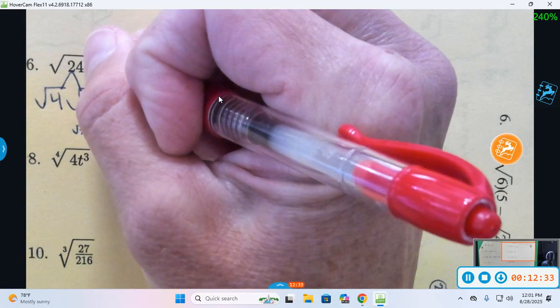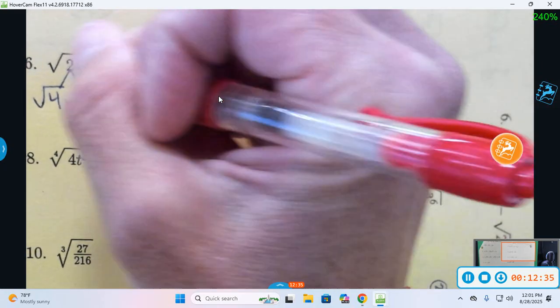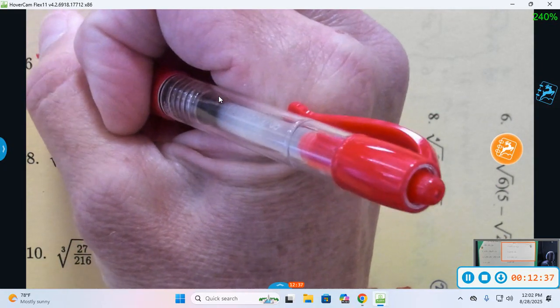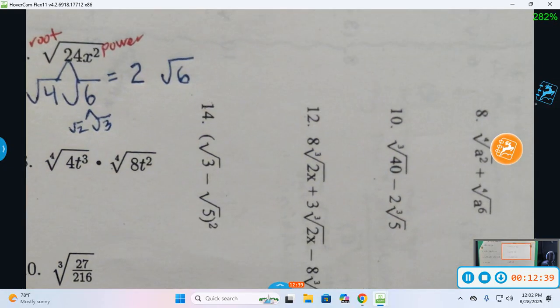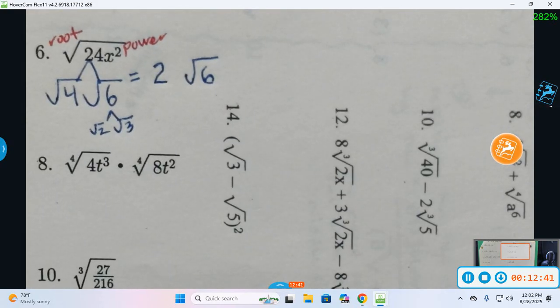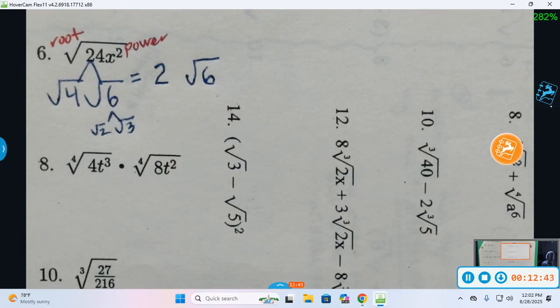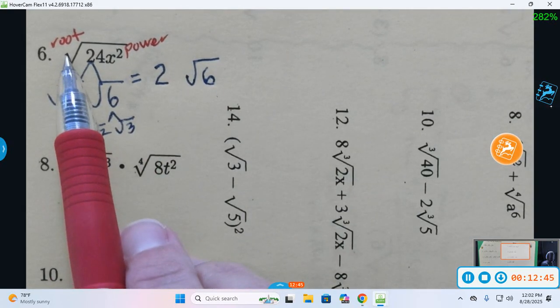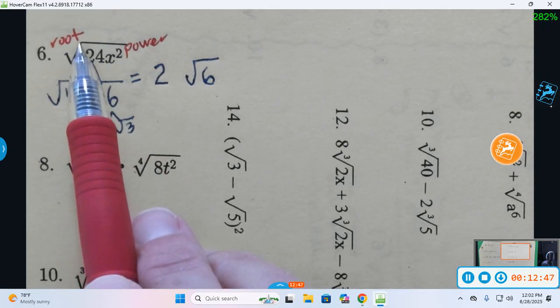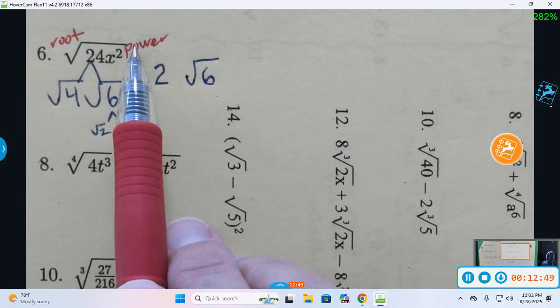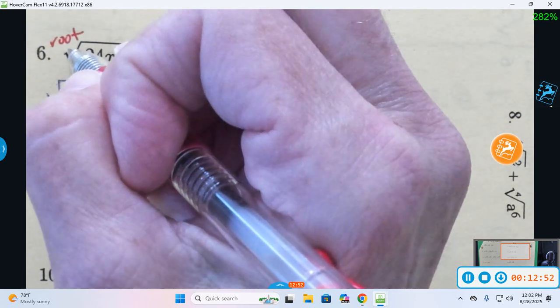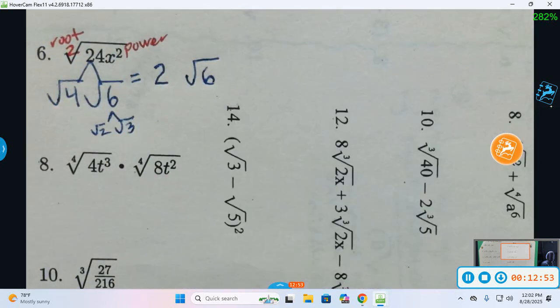And even if you can't see it, what is the root? What's the little root stuck there, even if you can't see it? What kind of sign is this? By definition, what does this mean? 2. It's the square root sign. So by definition, the root is 2.